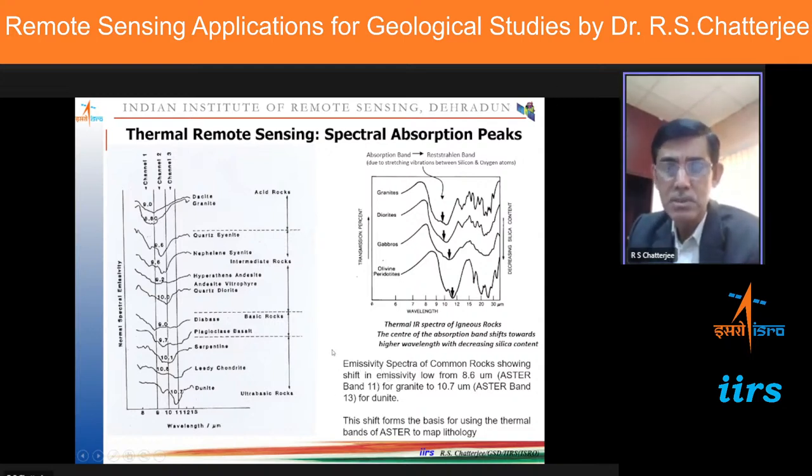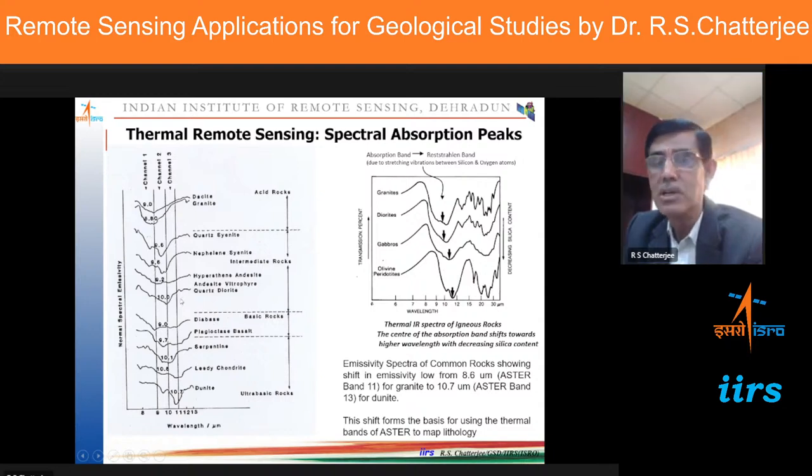of the main reasons. So see, what do geological materials, the rocks, consist of? The major or dominant rock forming minerals are essentially silicates, isn't it? And the silicates' absorption peaks lie in the thermal region. Carbonates also have absorption in the shortwave infrared region.